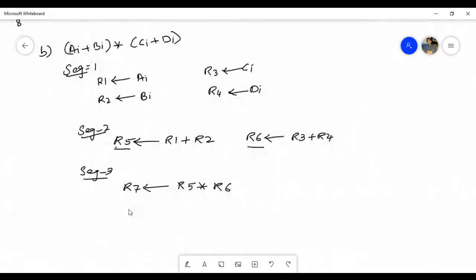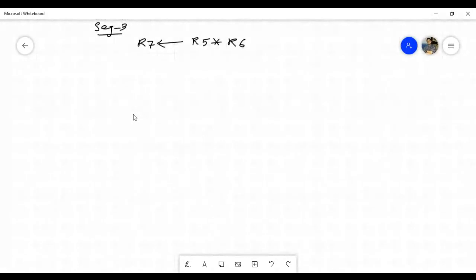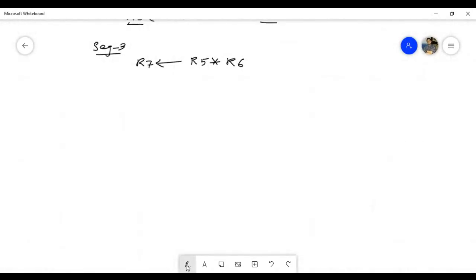Let us go to the flow chart. So we can represent it in terms of a flow chart also. How many registers do we use? R1 to R7.